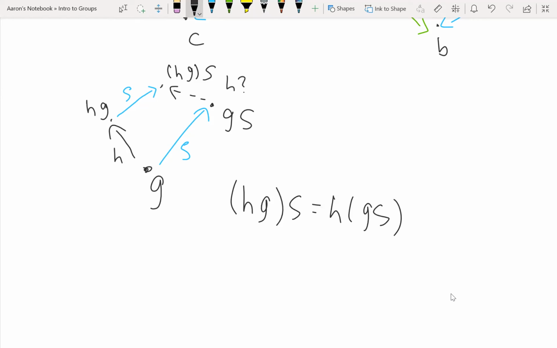This is exactly associativity, right? Which means that this node goes here by H, just like this node goes here by H. And so this relationship by F is maintained.